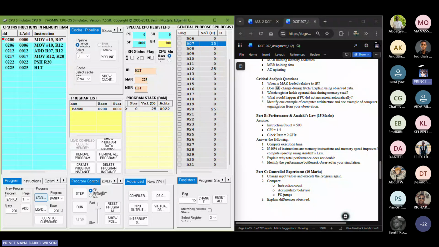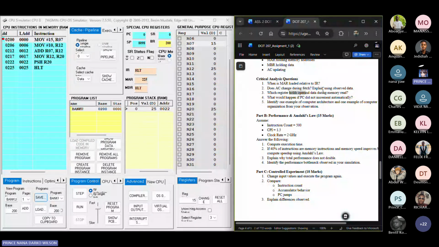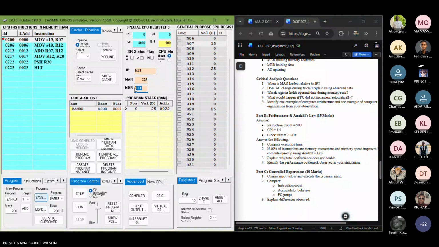Which register holds operand data during memory read? So when we are reading from memory, which one holds the operand data? The opcode data is held in the instruction register. The operand data is held in the memory data register.